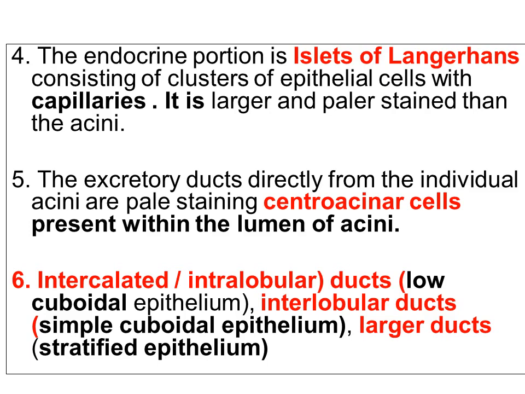The excretory ducts begin from the individual acini, with pale staining centroacinar cells present within the lumen of the acini. They continue into the intercalated or intralobular duct, which is lined by low cuboidal epithelium, and the larger ducts, which are lined by stratified type of epithelium.